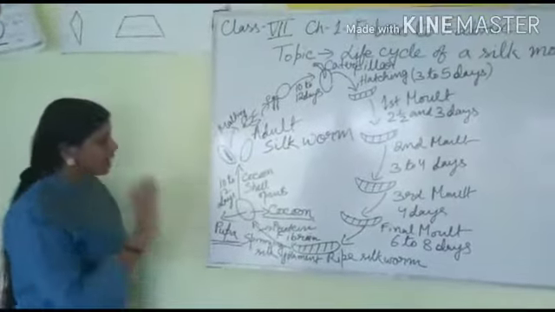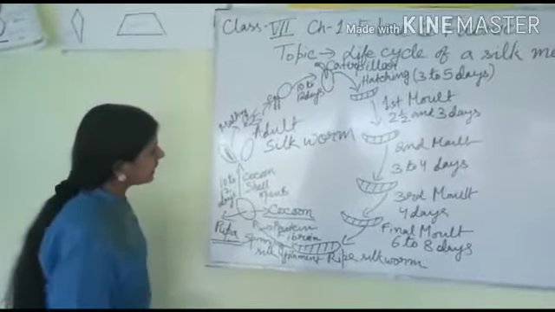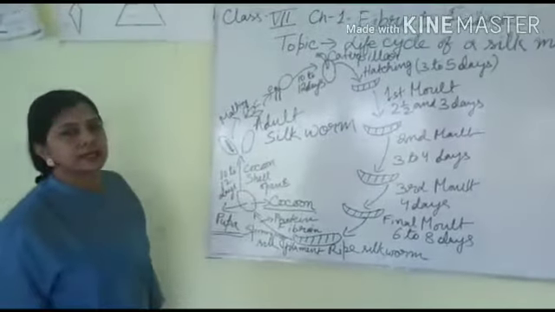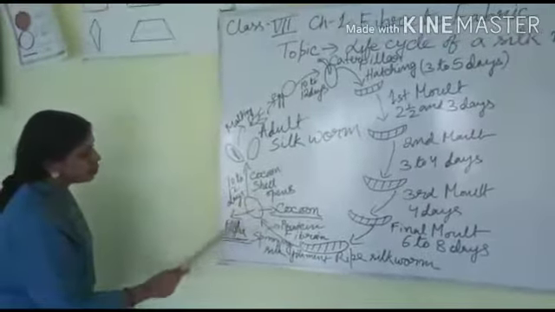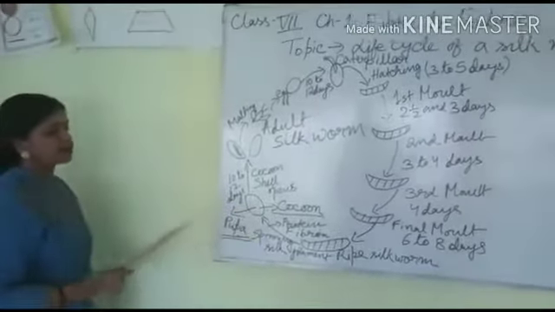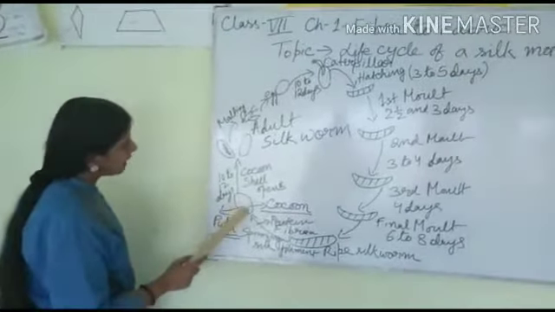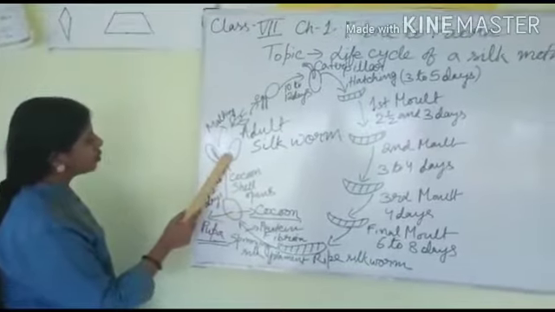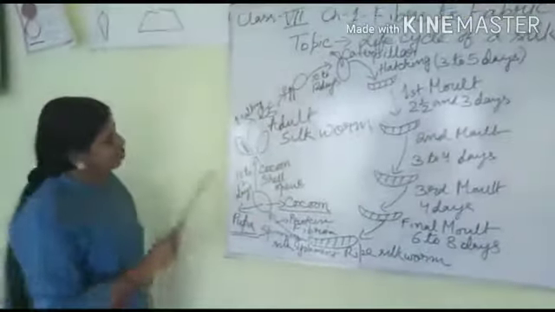Now what you have to know is at which stage we are able to get the silk fiber from the silk moth. When it is in the cocoon stage, at this stage we have to take out the cocoons to get the silk fiber. If we allow the cocoon to go into the adult silkworm stage, what happens?